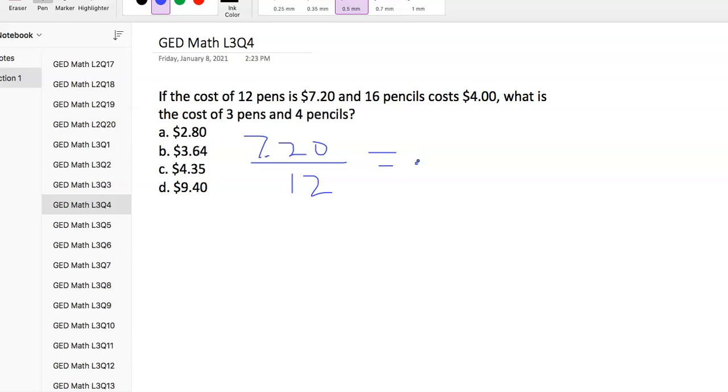And if we do that math, that comes out to 60 cents per pen. Okay, and then do the same exact thing for pencils, right? So it was $4 for 16 of them.